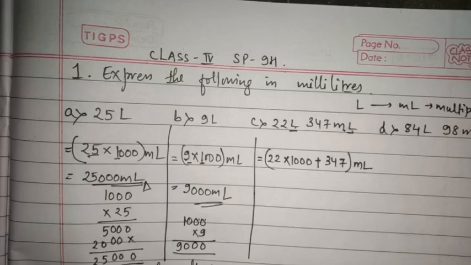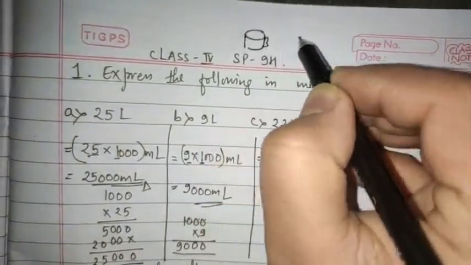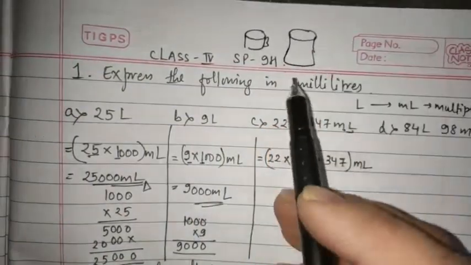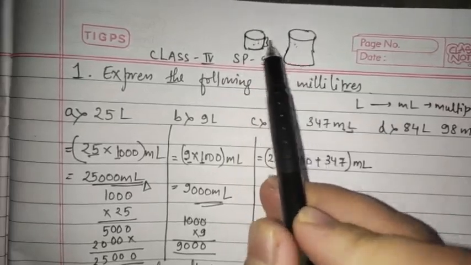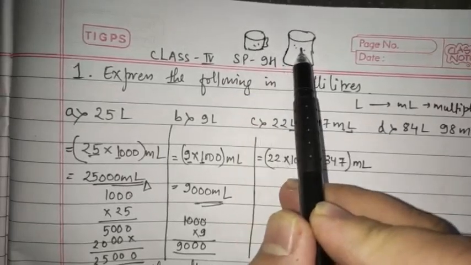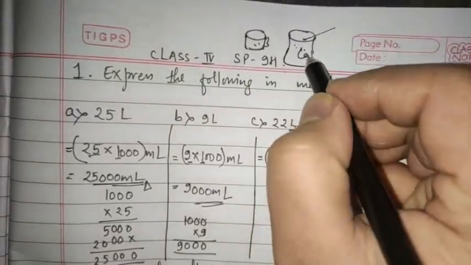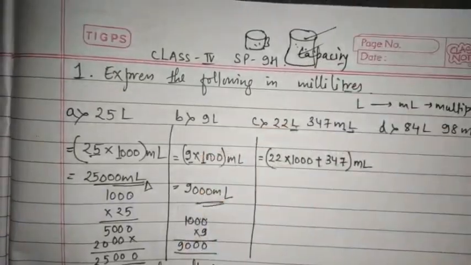What is the capacity of a cup? Say this is your cup here and this is a big jar here. Which object in between these two can hold more water or liquid? Of course this. So the capacity of this object is bigger. Understood what is the meaning of capacity?